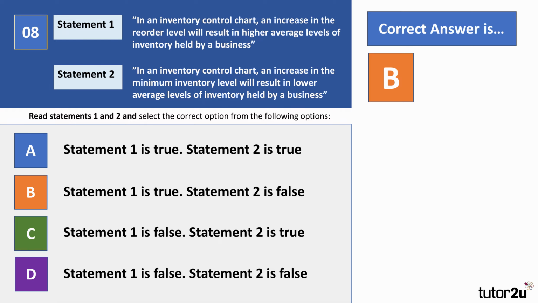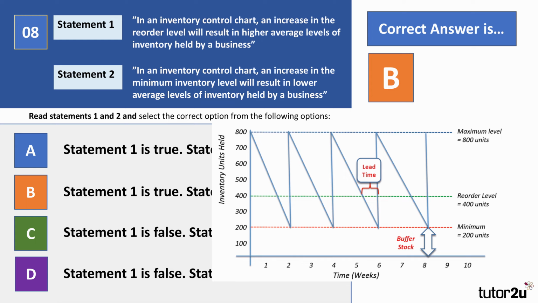And here the answer is B. Statement 1 is true, statement 2 is false. Don't forget, with the inventory control chart, there's an example on the screen. There are different triggers at which inventory is reordered, and also levels are set which help regulate the amount or value of inventory held.